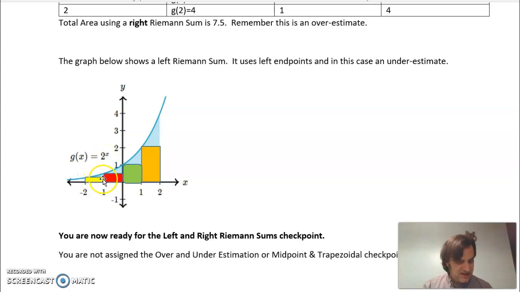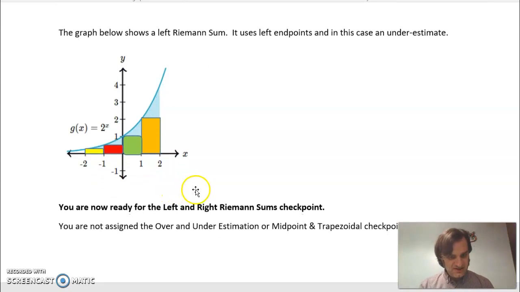So this first one would have an area of 1/4, but each one of these does not even cover the whole area of the curve. So if we did use a left estimate on this one right here, we would be underestimating. Whatever this total would give me, it would not be the true area under the curve, but it would be less than.